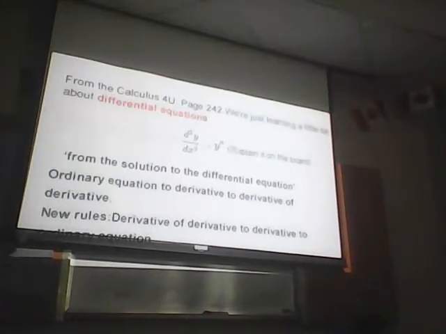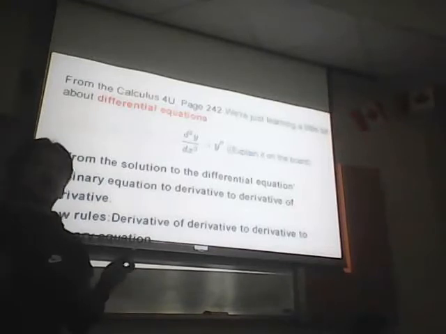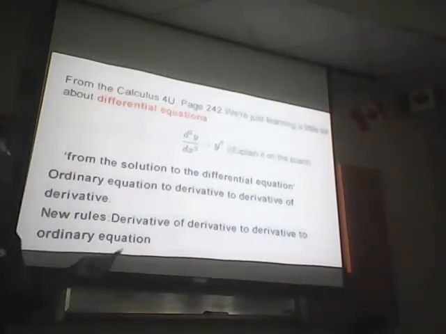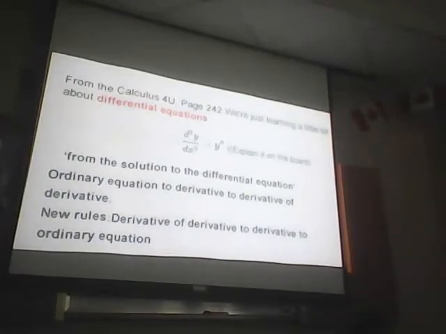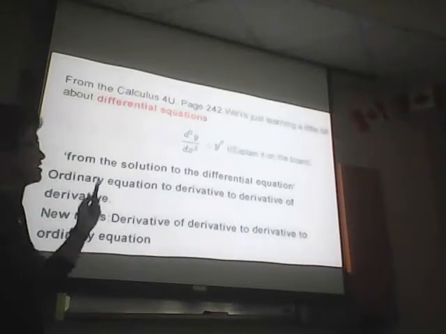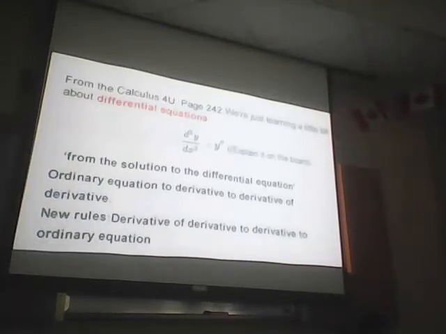So, I will tell you about knowledge from the books, and you can solve it. You can solve the question from grade 12. From the calculus book, page 242, we are just learning a little bit about differential equations because you will learn it in the future at university or college.